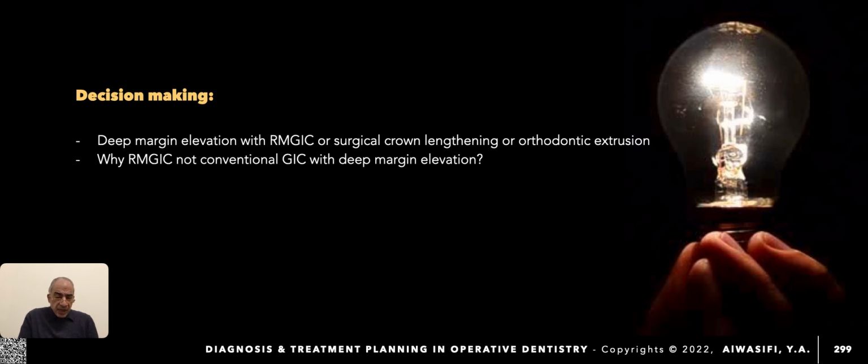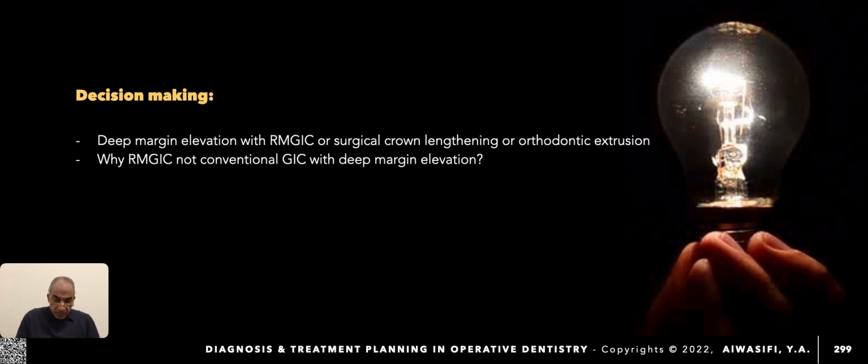The area is inaccessible. You may irritate the gingival tissues and you could not isolate properly this area and control fluid to get all the benefits and to get high quality bonding procedure. At this time, we are in need to go for deep margin elevation with resin modified GIC.